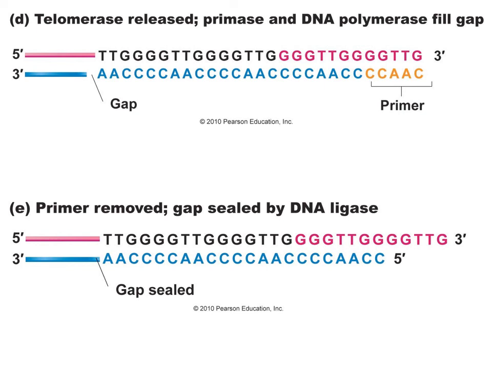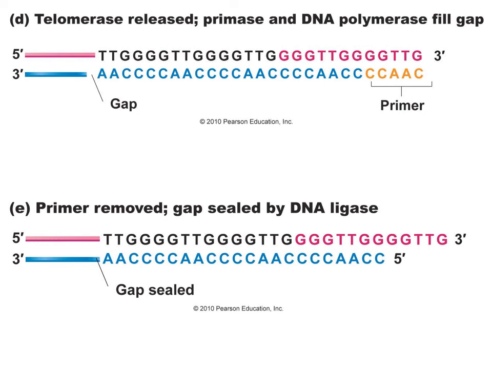And then instead of us having left all of those black letters just hanging and getting broken off, once we get rid of this new primer, the CCAAC that are in orange, what are we leaving hanging? Just those 5 nucleotides at the end. And sure, they get broken off. Who cares? Our chromosome's longer. Our telomeres are longer. We've got a better bumper on the end of our chromosome.